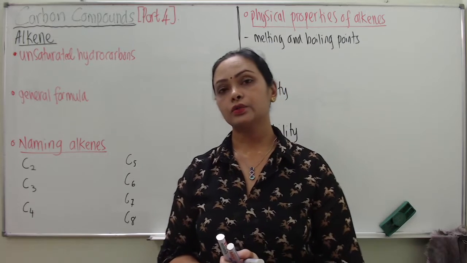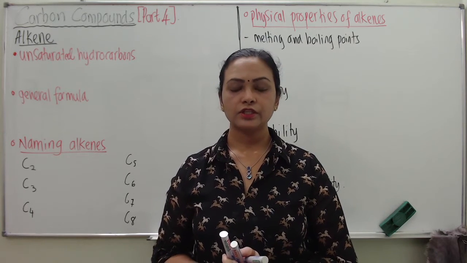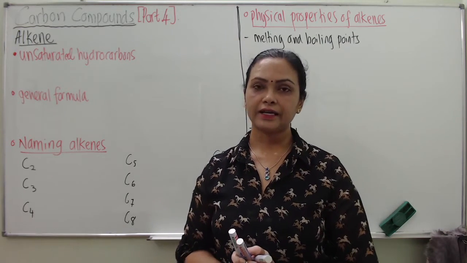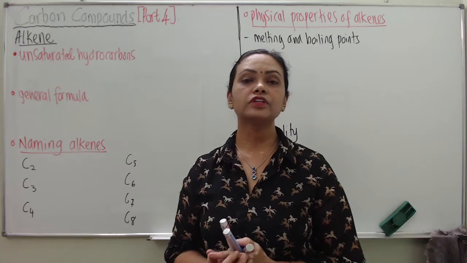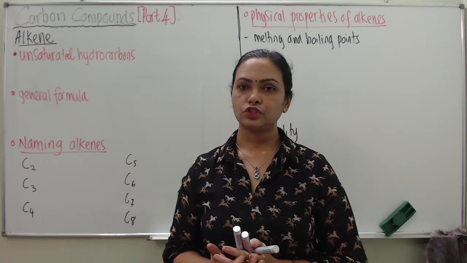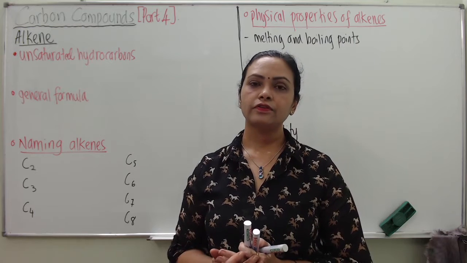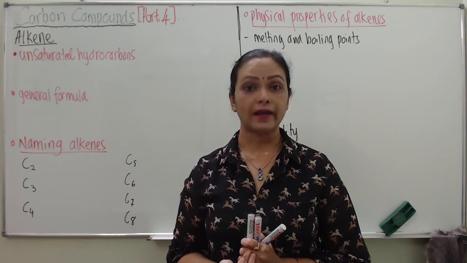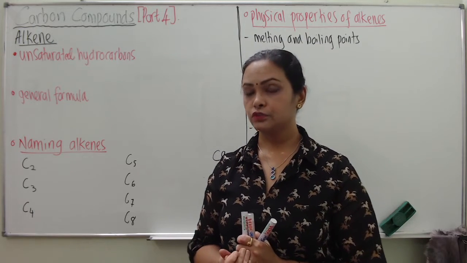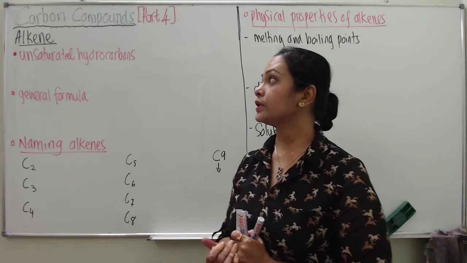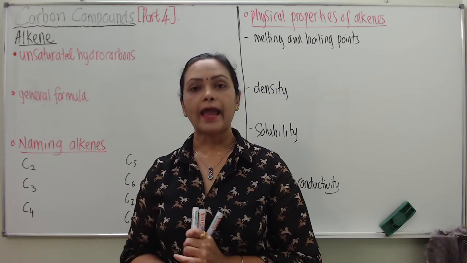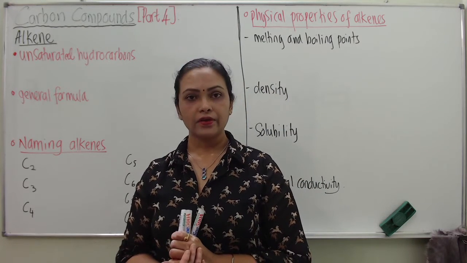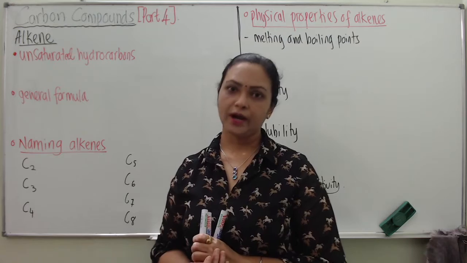So in part 2 and part 3, the teacher discussed alkane, the general formula, physical properties and also chemical properties of alkane. Now in this video, I am going to introduce to you alkene, another example of hydrocarbon.